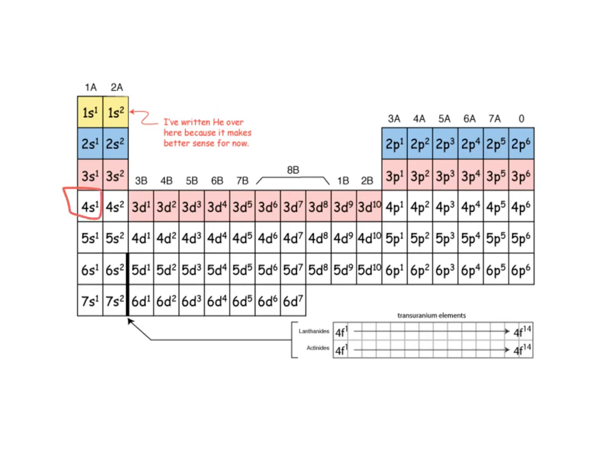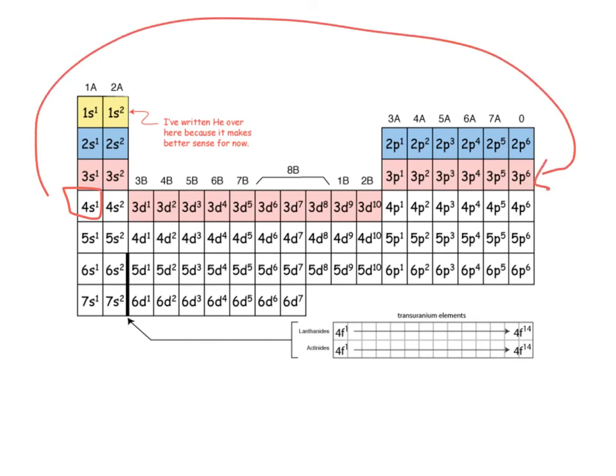To do the abbreviated, I just go back to the noble gas that is before it, and in this case we have neon up here and then argon. So instead of writing all of the 1s2, 2s2, 2p6, 3s2, 3p6, all of that can be illustrated or shown with brackets [Ar], and then I plug in 4s1.